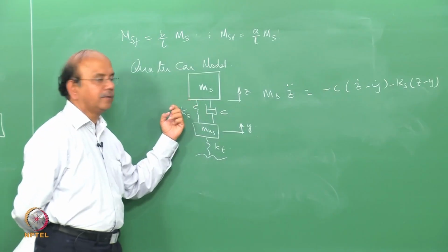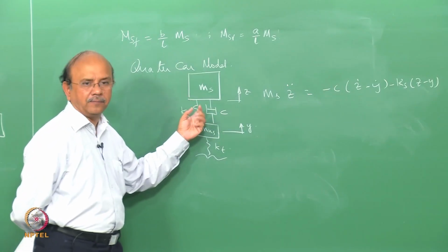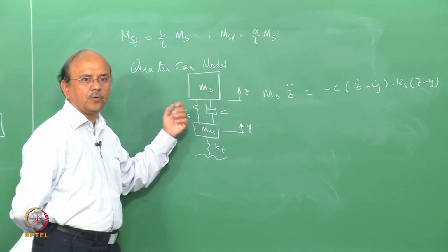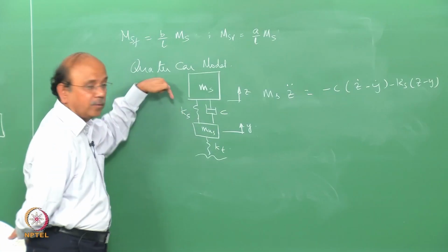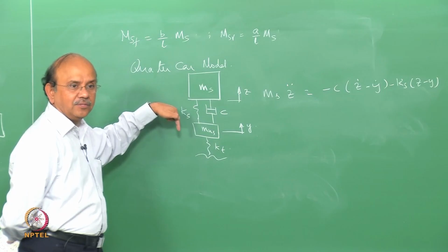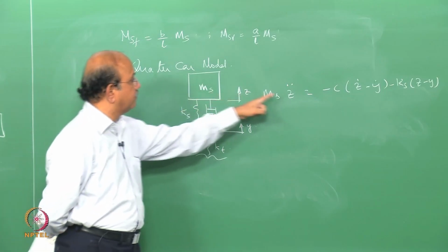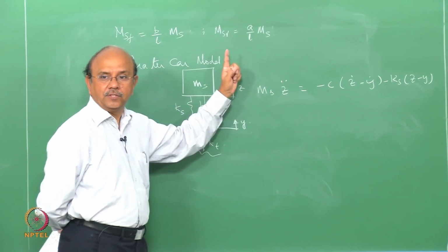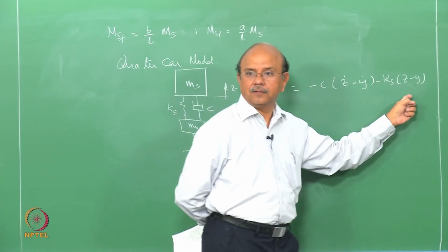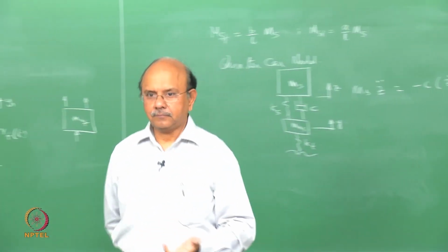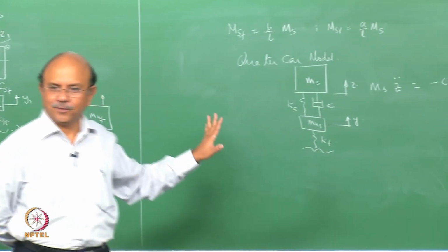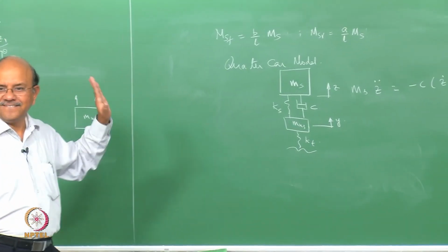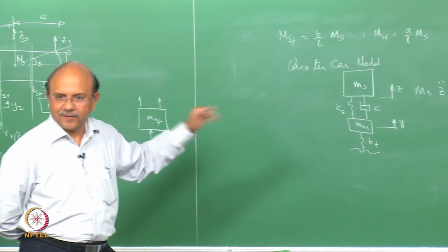Let's just look at the spring. Z is more than Y, so what will happen? Pull down. So the force will be in the negative direction. But my ms z double dot is in the positive direction, so I have to put a negative there. Right? Now I know your question. Solved? Any other question?